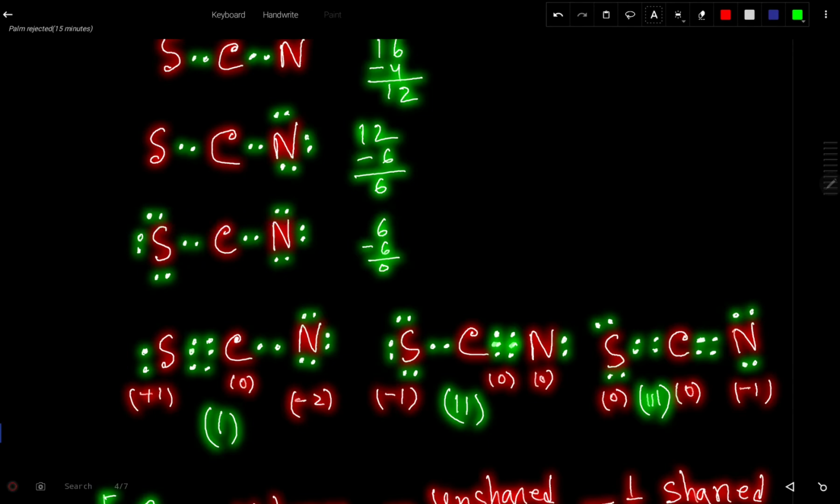Carbon needs 4 more electrons, so we can move this pair and this pair here, and then we'll get this structure 1. And also we can move this pair here and this pair here, so we'll get structure 2, right?